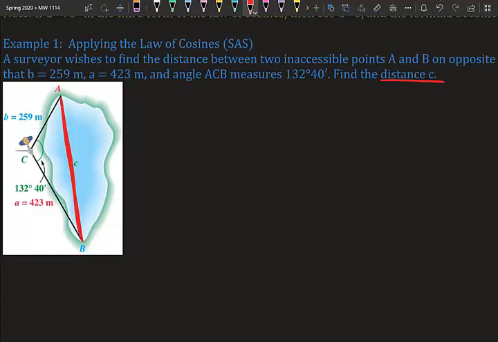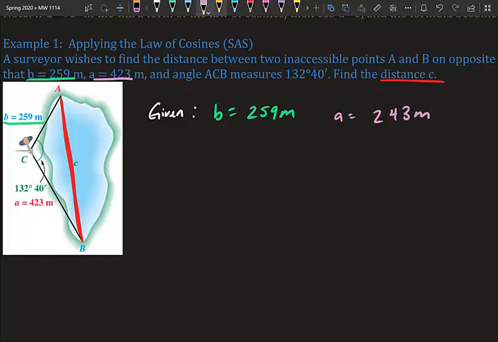Alright, so we're trying to find this distance right here, across the lake. Let's see what we're given. We're given B, which is 259 meters. We're also given A, which is 423 meters.